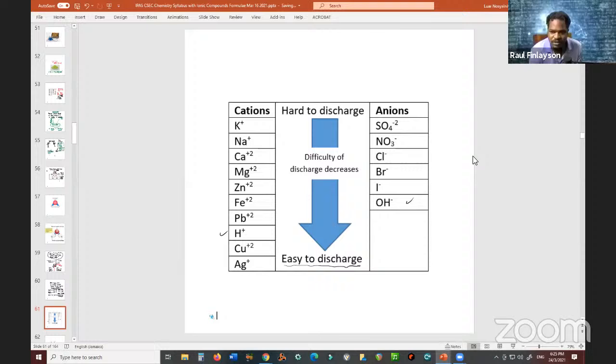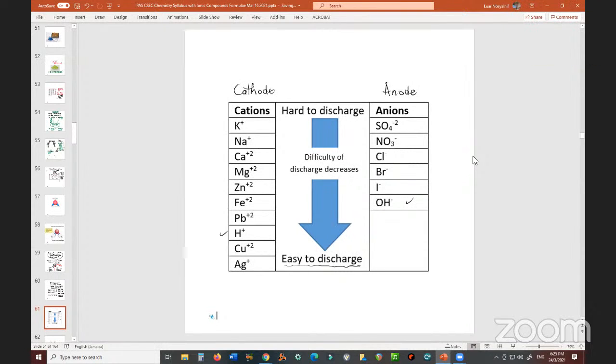So if CXC sets a question with an aqueous solution and electrolysis and asks what's going to come off at the anode, then it's always going to be hydroxide. Anions come off at the anode, cations come off at the cathode. So hydroxide will always come off at the anode in an aqueous solution. Everybody get that?